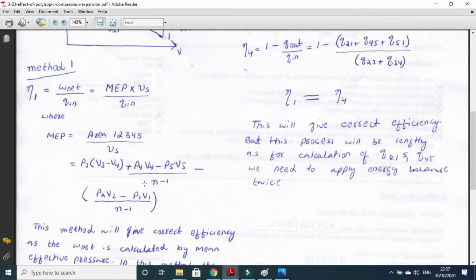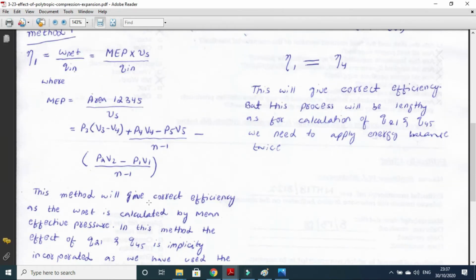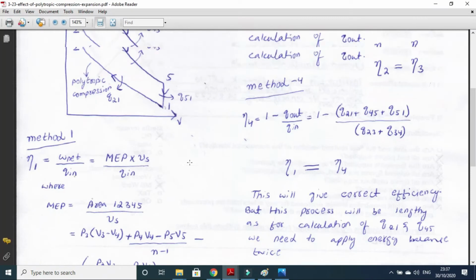When you use this formula, you have taken the actual values of pressures at all the points and actual values of the volumes at all the points. So you have implicitly taken into account the effect of the polytropic processes.